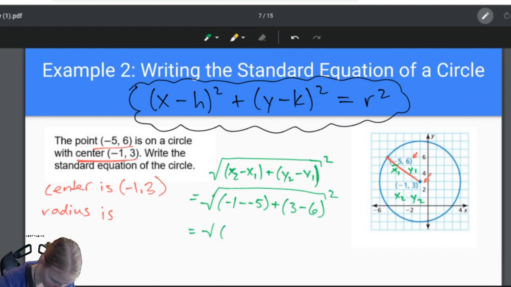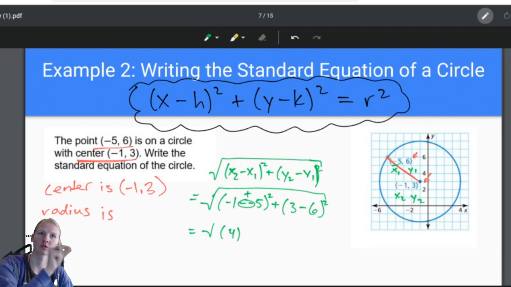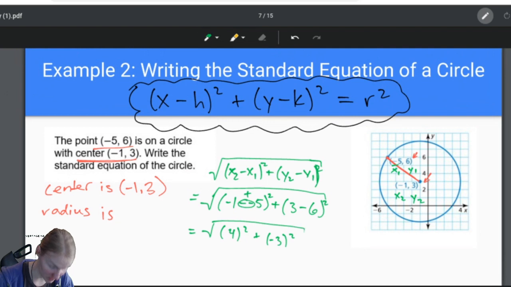Okay, so now negative 1, remember these come together and become happy. So we have 4 squared. Oh goodness, what are we doing? That square is not on the outside. Oh my goodness. The squares are on the inside, and then we take the square root of all of it. Goodness gracious. Okay, 4 squared plus -3 squared, and then we take the square root.